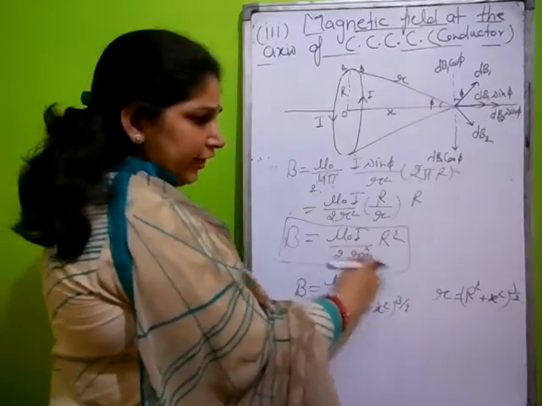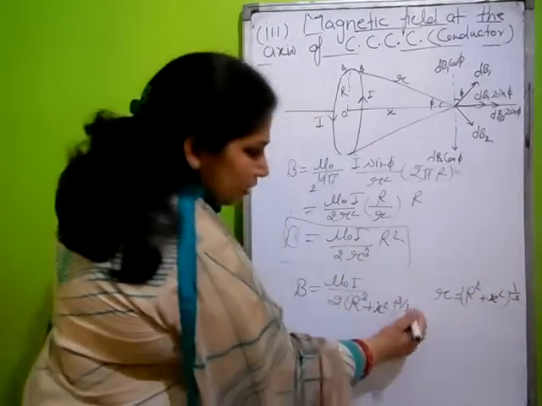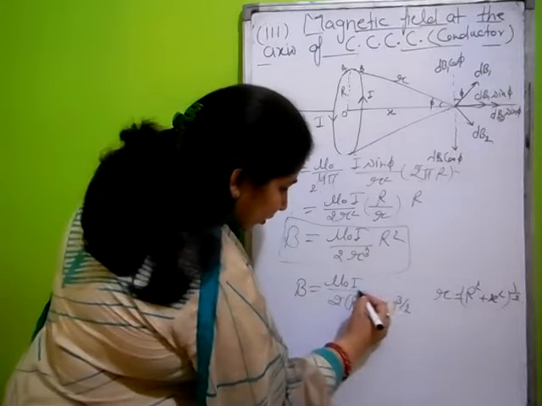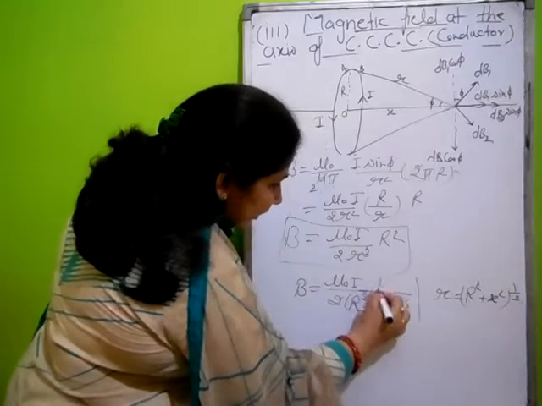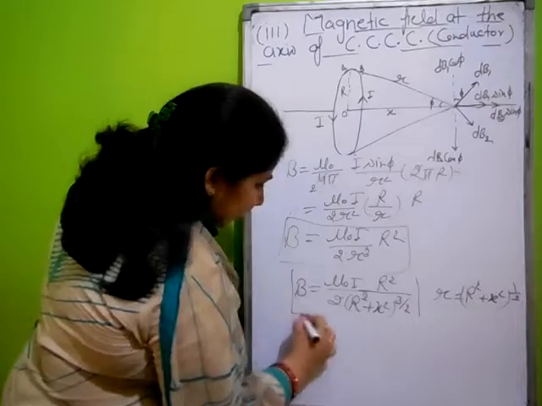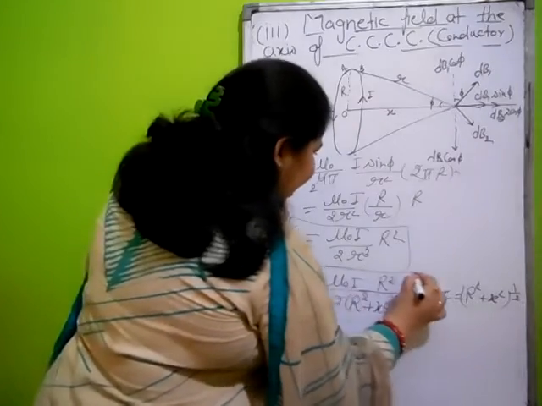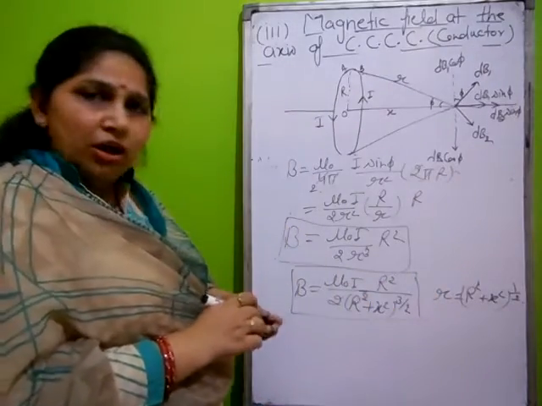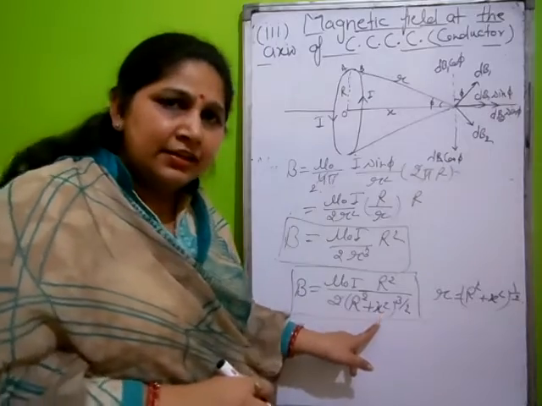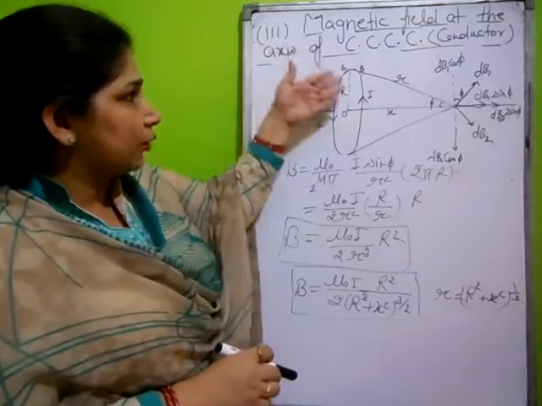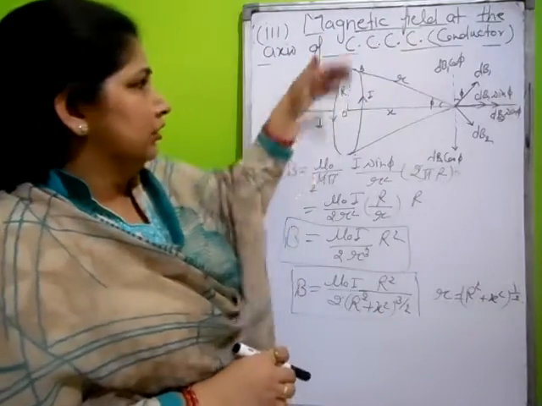This is the final relation, the magnetic field at any point on the axis at distance x due to a circular current carrying coil.